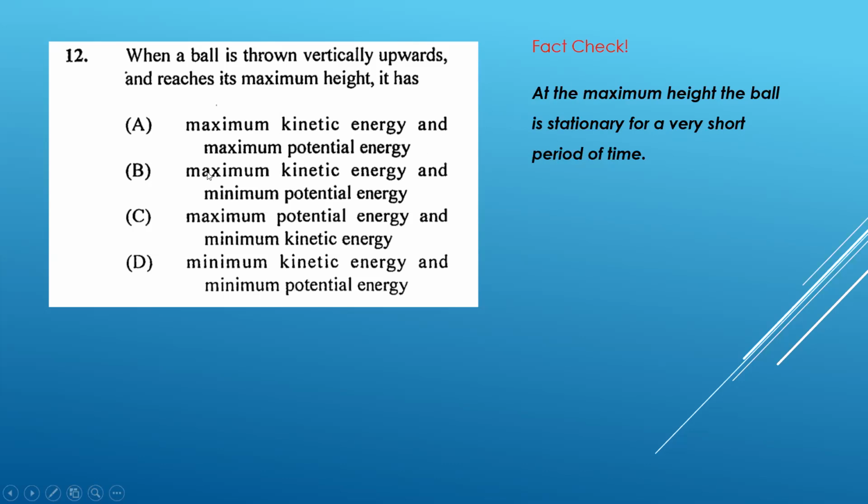So your answer should involve minimum kinetic energy. So which of these says minimum kinetic energy? You have this, E, minimum kinetic energy, and the ball is at its maximum height, so it has maximum potential energy. The answer should be C.